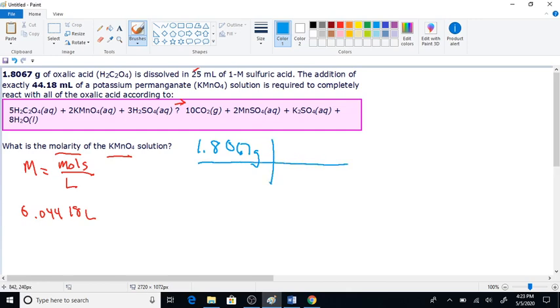So we need the molar mass of oxalic acid, and that is 90.038 grams per mole. We put the 90.038 grams here for the grams to cancel, 1 mole here, and then we divide those.